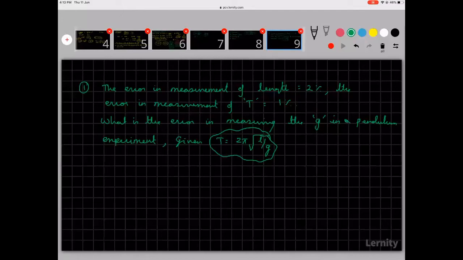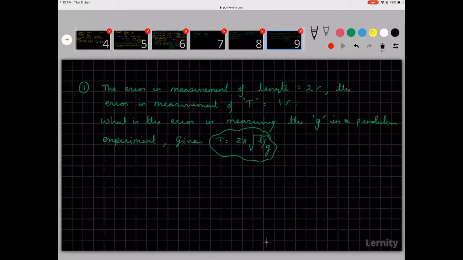I have told you what is the error in the length. I have told you what is the error in measurement of time period. I am asking you what is the error in the measurement of gravity.